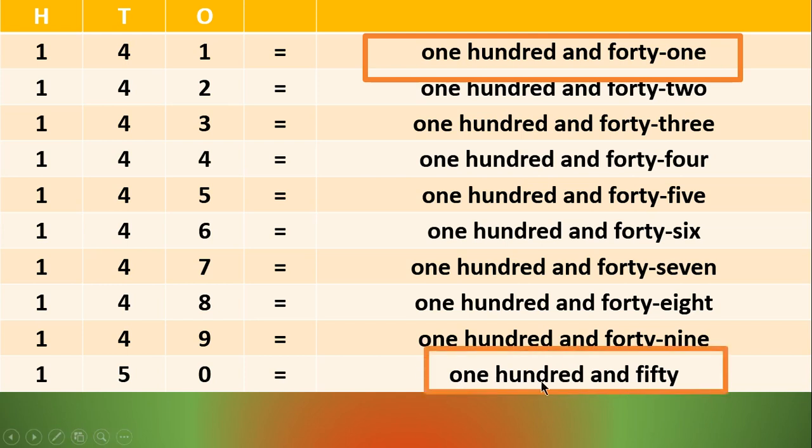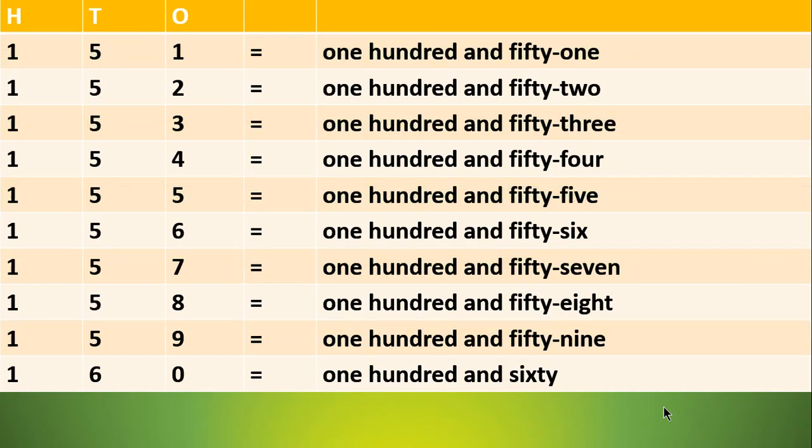ONE 1, HUNDRED 100, and FIFTY 50. Very nice. Let's move on. Here comes from 151 to 160. ONE 1, HUNDRED 100, and FIFTY 50, and then ONE 1.